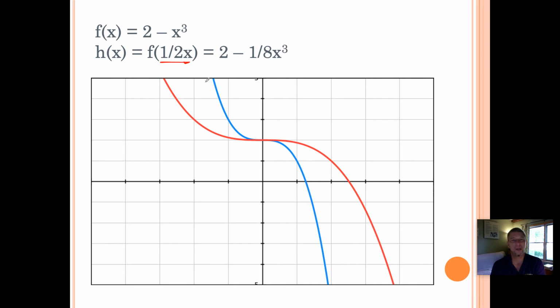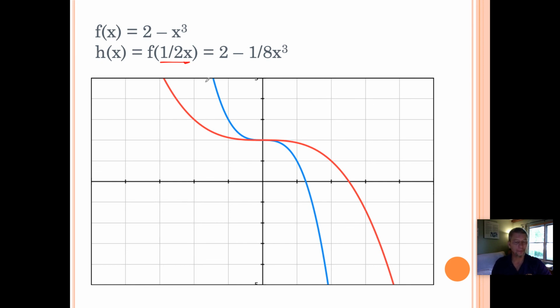And what that does is it gives us a horizontal stretch by a factor of 2. This would be x over 2 if you really think about it. And you can see that the red line represents the new function h of x, and the blue line represents the original function. And so you can tell that the whole thing has been horizontally stretched by a factor of 2. Okay, and so there is the horizontal stretch there.